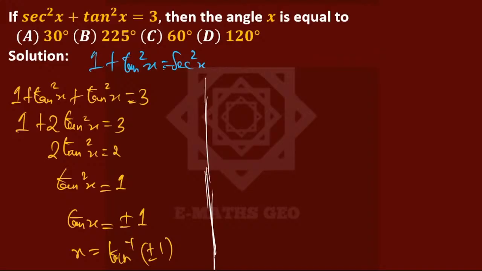So the answer is now equal to, for tan to be positive in the first quadrant, 45 degrees. In the third quadrant, which is 225. Tan is negative in the second quadrant, which is now 180 minus 45, which is 135.